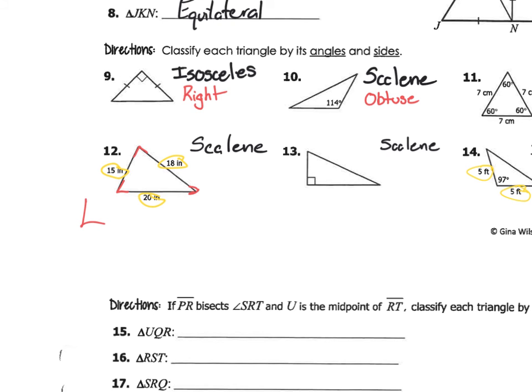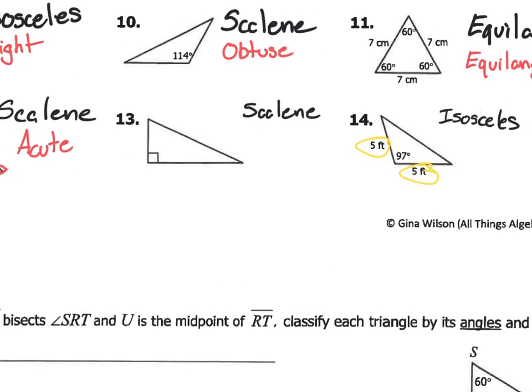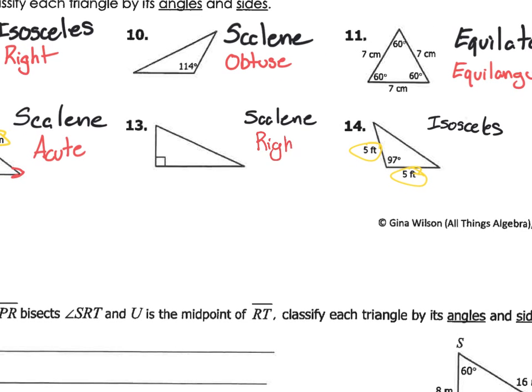So they would all be what? Acute. 13, that's a gimme. Anytime you see this, you know that that triangle is a right triangle. Good.